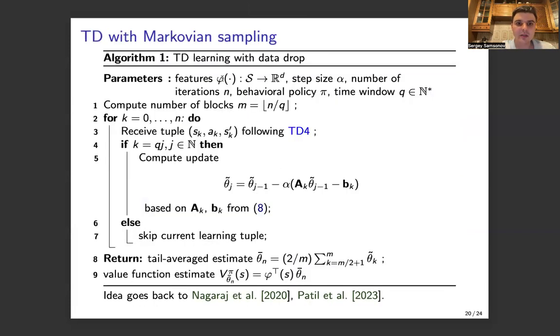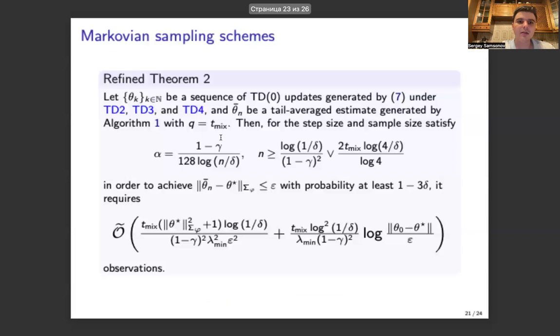In this case, we propose a modification of TD learning, which is a TD learning procedure with data drop. We take every Q-th observation, where Q is a hyperparameter of the algorithm. Unfortunately, the main problem is that in order to obtain a counterpart of Theorem 2, we need this parameter Q to scale with the mixing time of our chain S_k, which is typically unknown in practice.